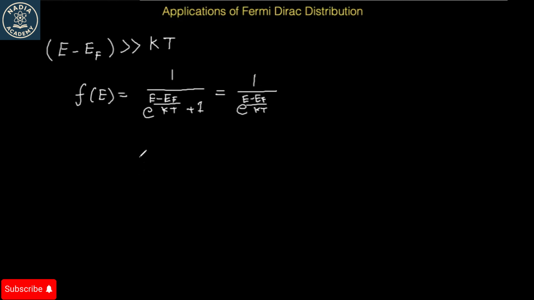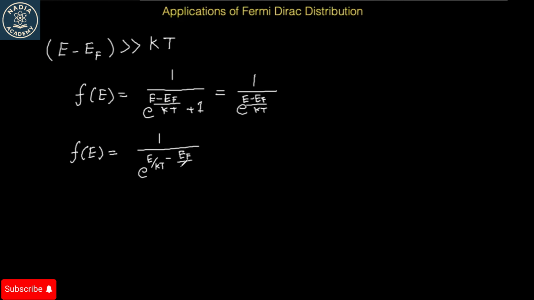Now, we can write this function in a simpler form: our Fermi function f of E is equal to 1 over e raised to E over kT minus EF over kT.